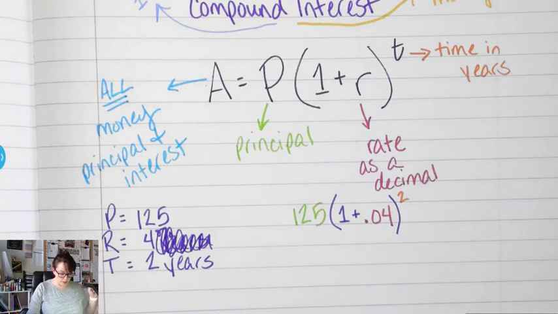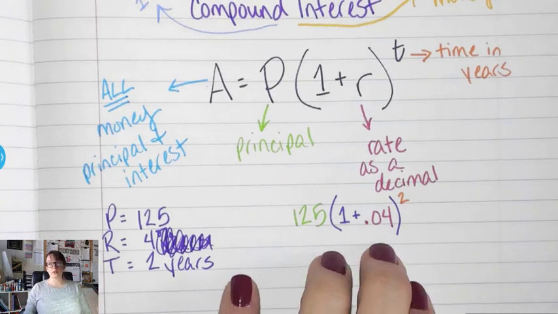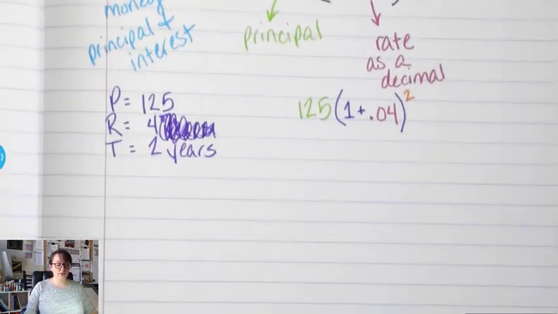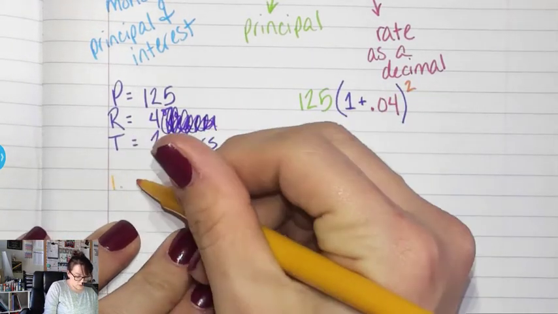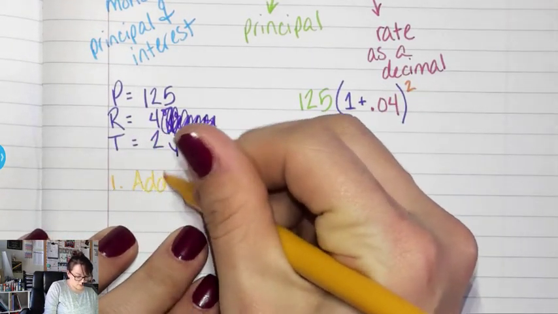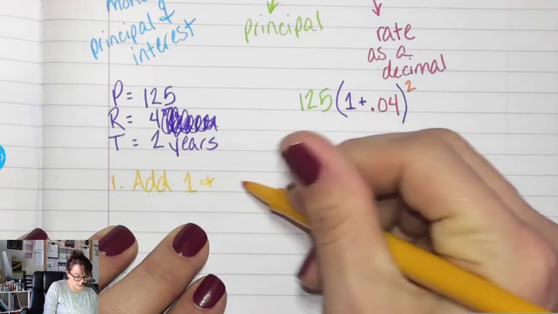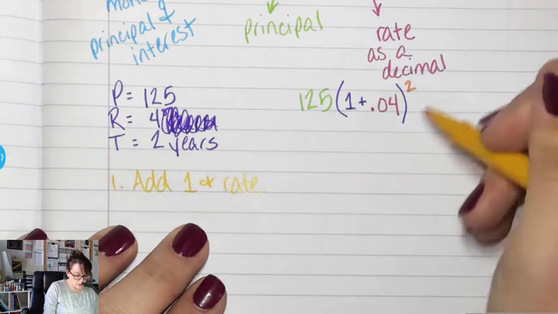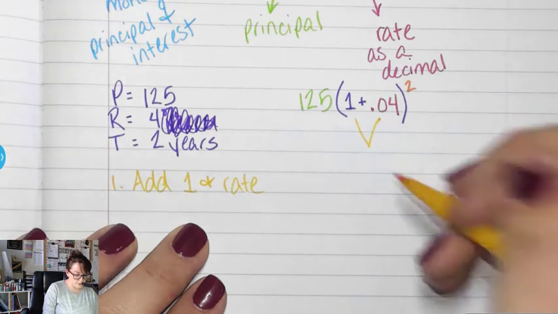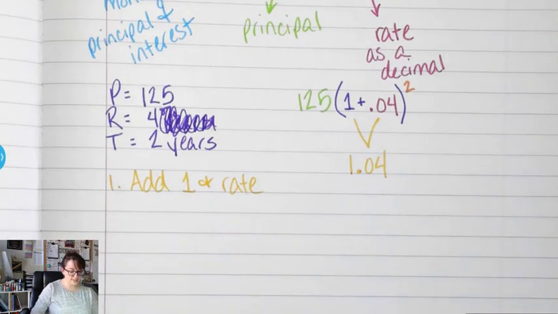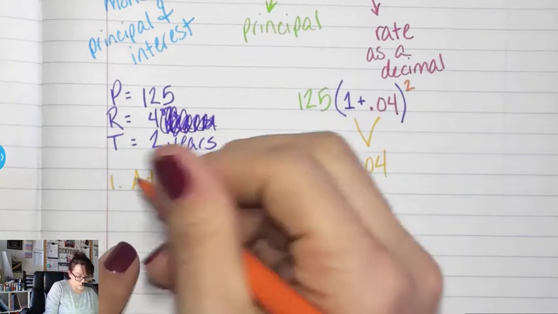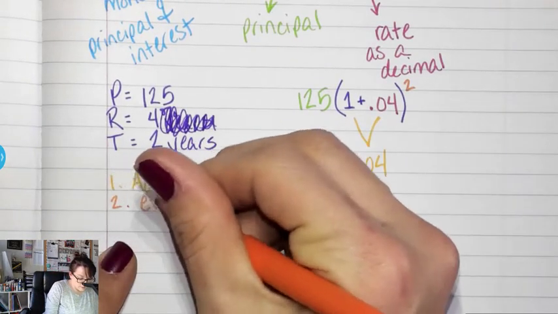So, step 1, when you write your formula, the first thing you're going to do is parentheses. Add 1 and rate. So, 1 plus 0.04 is 1.04. That's step 1. Step 2 is your exponent.